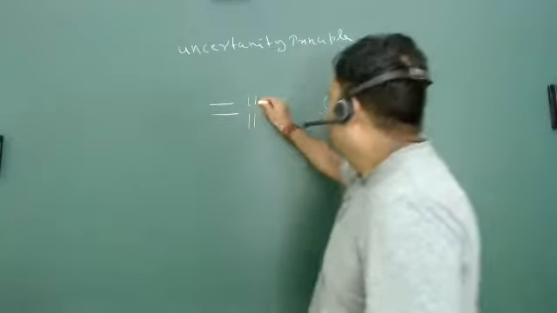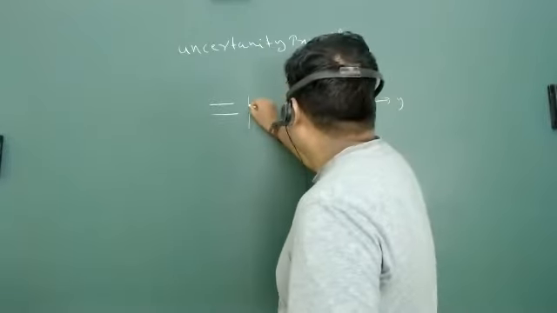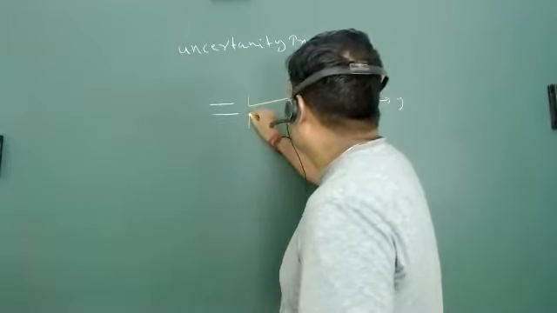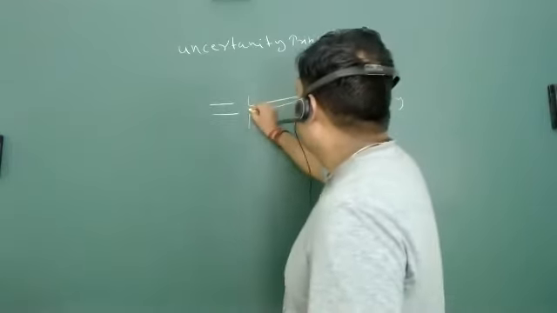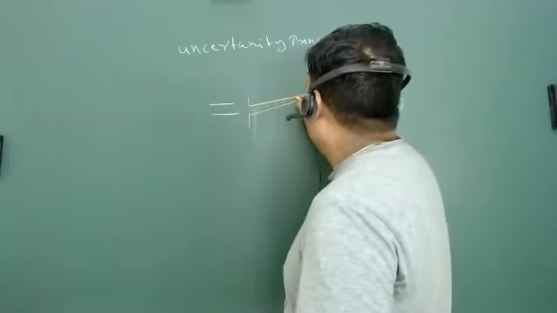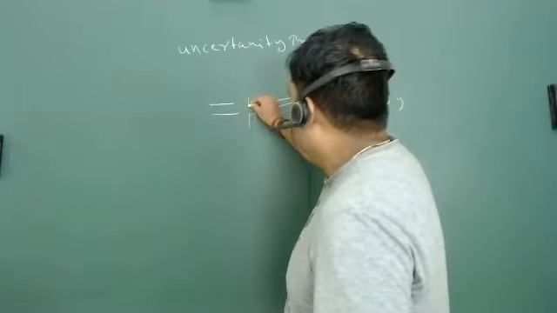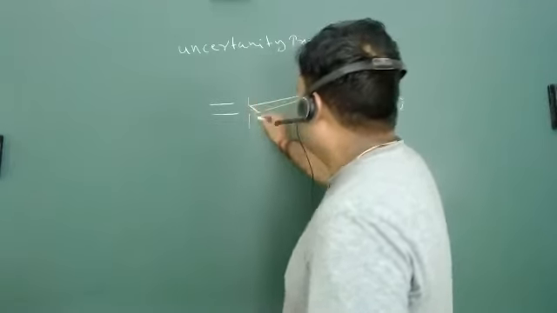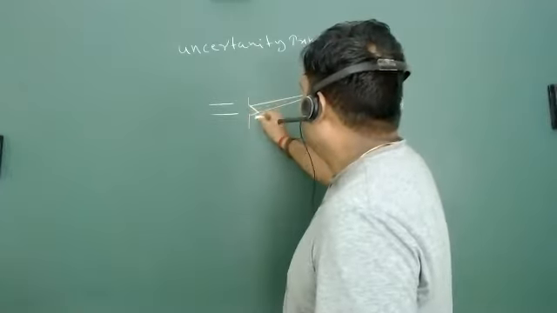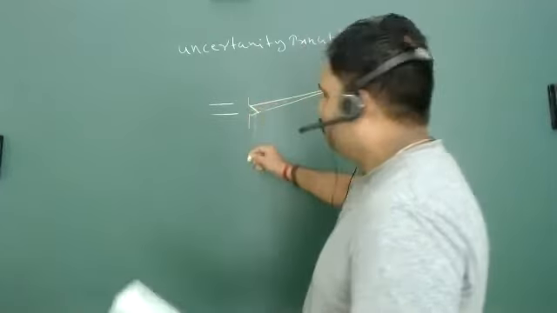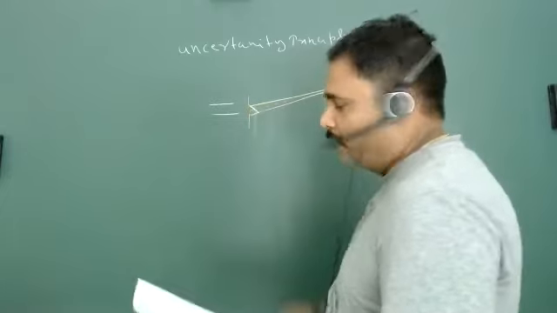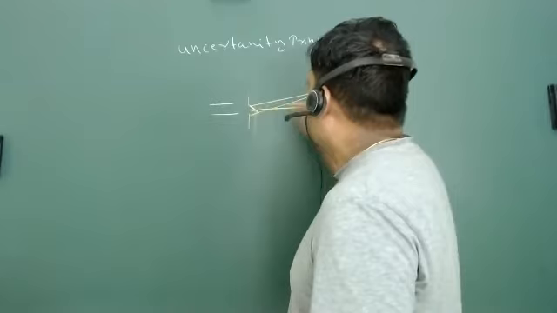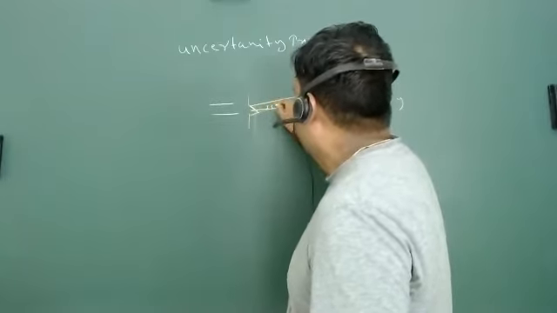So I am removing this. You have this kind of situation, suppose, and this is the central part, and this is the path difference, and from the x-axis this angle is, let's say, theta.